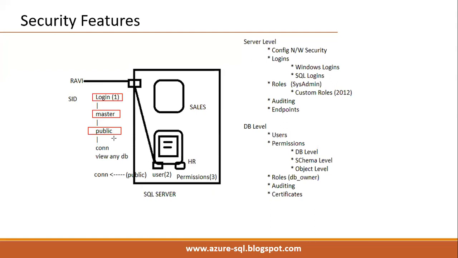And this public role has two permissions. This public role has how many permissions? Two permissions. One is connect to the instance, and the other is view any database.